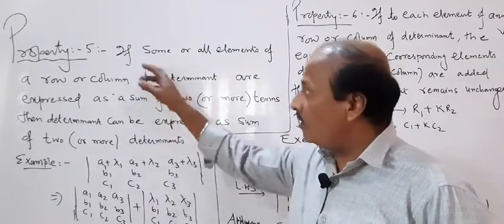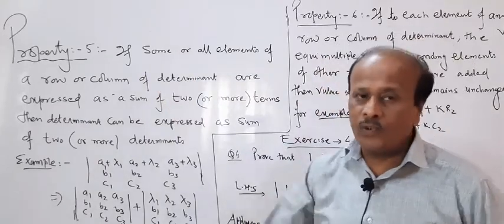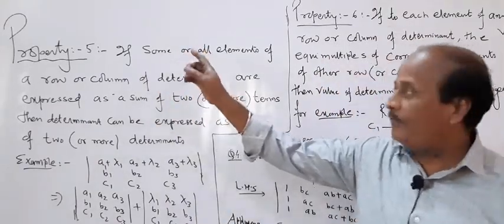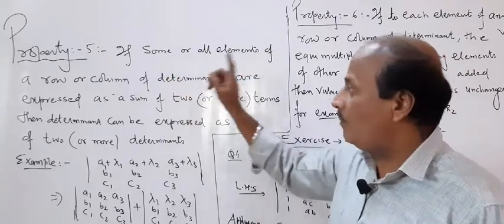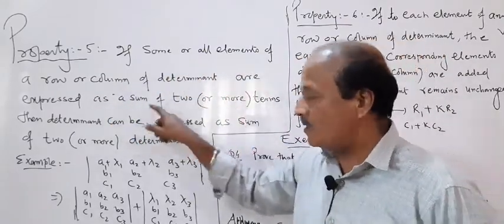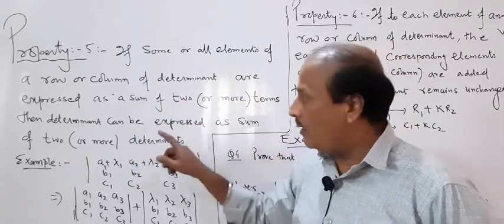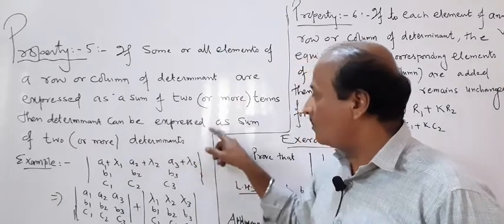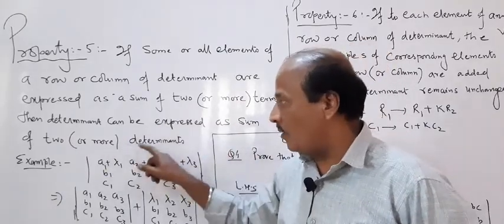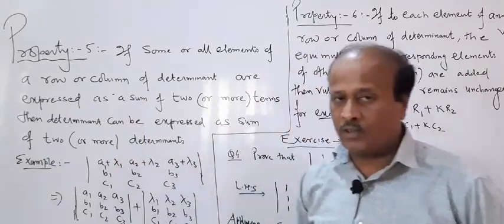They are not going to ask that statement, but you should know the idea. If some or all elements of a row or column are expressed as a sum of two or more terms, then the determinant can be expressed as a sum of two or more determinants. Now, one nice example is given in your textbook.